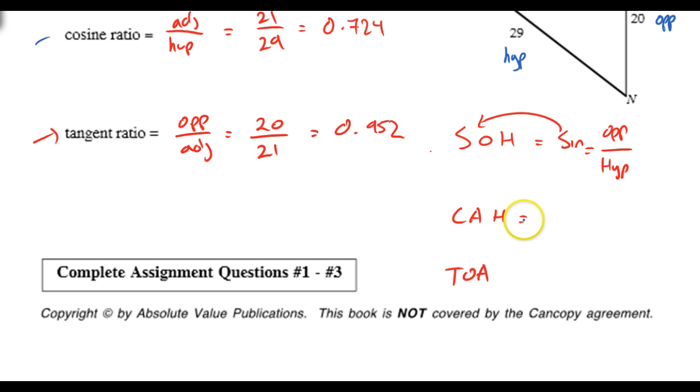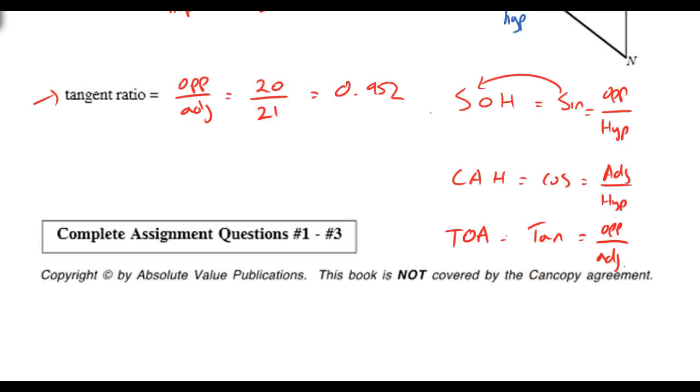Just like over here, the C represents cosine, the A represents the adjacent, and H again is the hypotenuse. And finally, for the TOA, T represents the tan, and then OA, opposite over adjacent. So that expression Sohcahtoa is a nice way to remember all three of those trigonometric ratios.